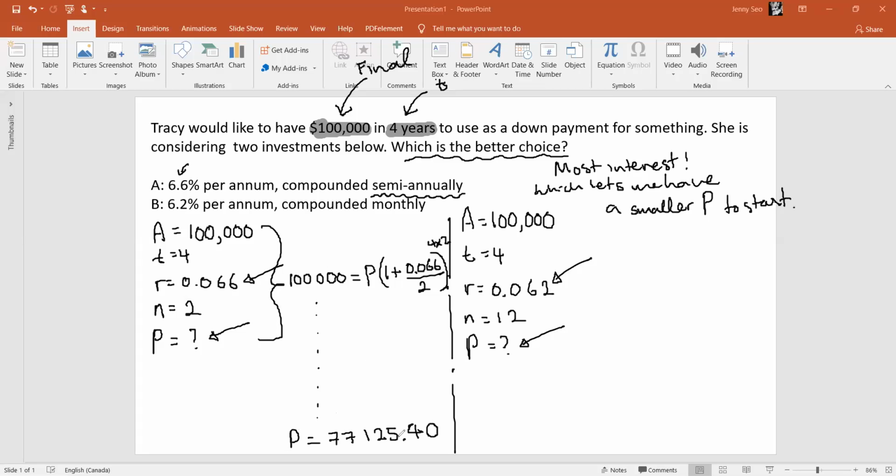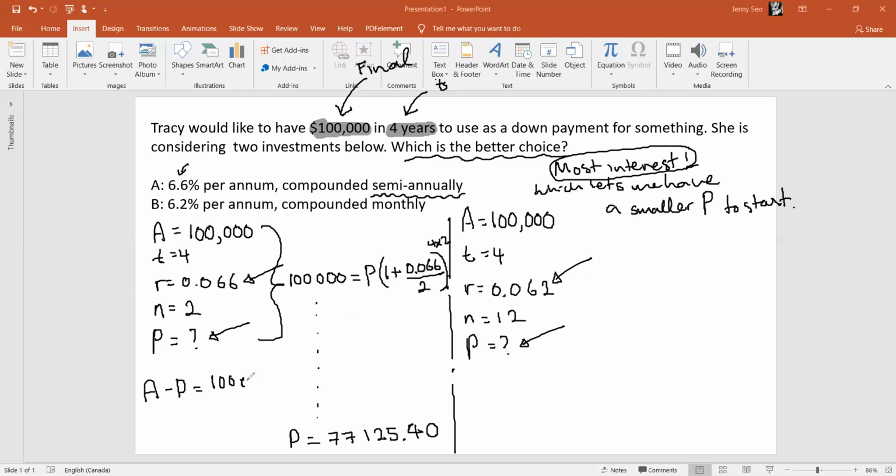So the principal is 77. So if I wanted to actually calculate how much interest I gained from it, you can do that by taking the final amount and subtracting from the initial amount. That should tell you the difference between these two values, which shows me how much I earned for free in that sense.